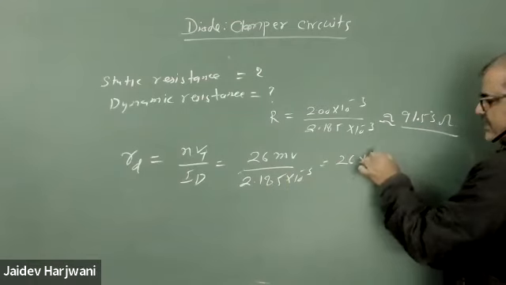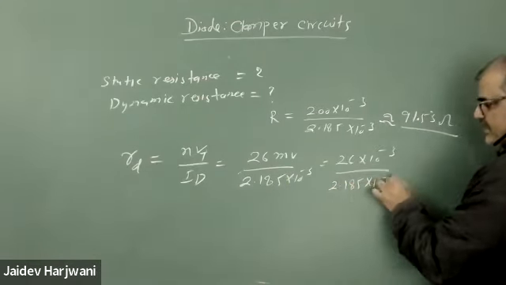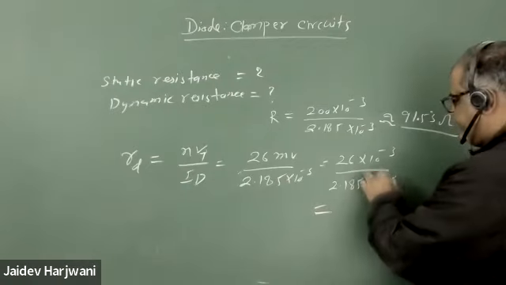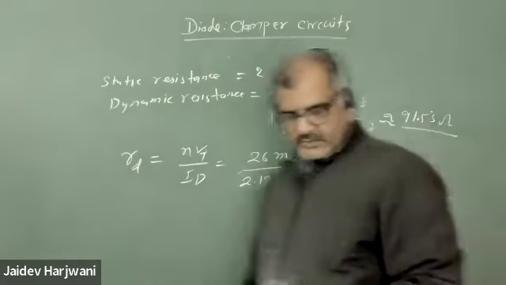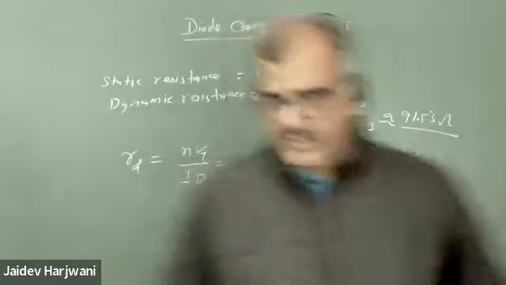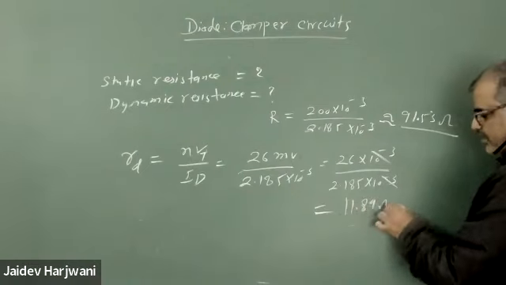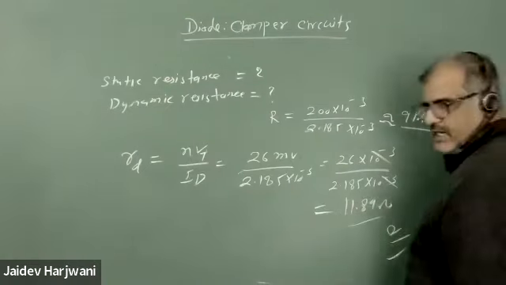So 26 into 10 raised to power minus 3 upon 2.185 into 10 raised to power minus 3. How much is coming? 11.89, very good. So it's coming 11.89 ohm. This is your rd.